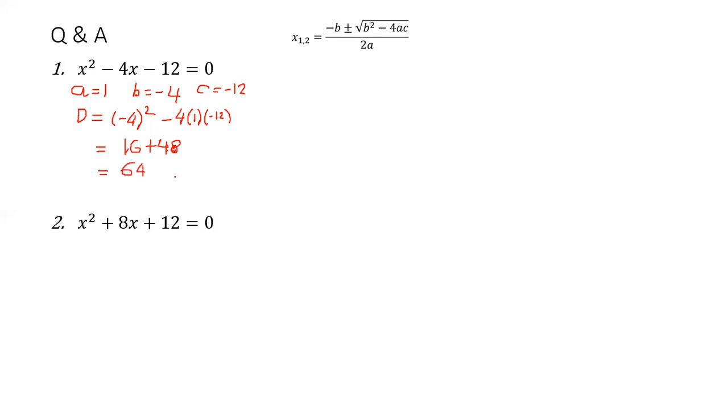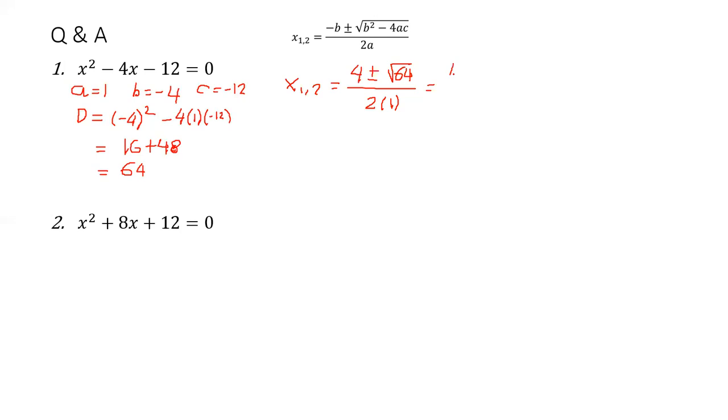All right. And the next step, using this formula, x1 and 2 equals negative b, it means positive 4, plus minus square root of 64, over 2 multiplied by 1.